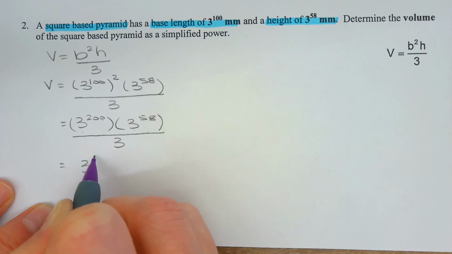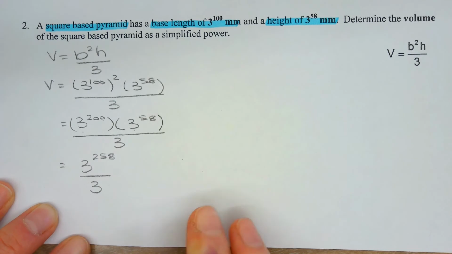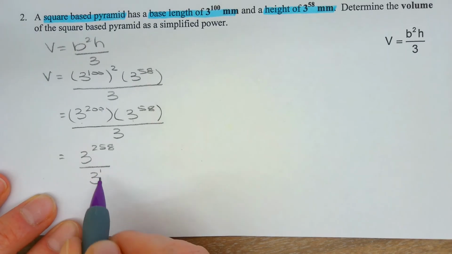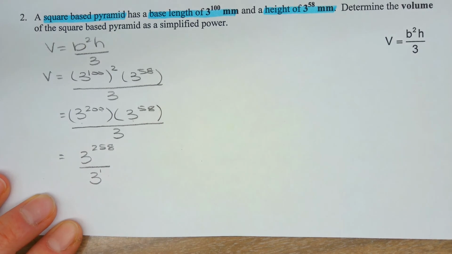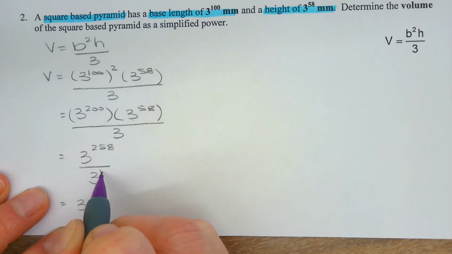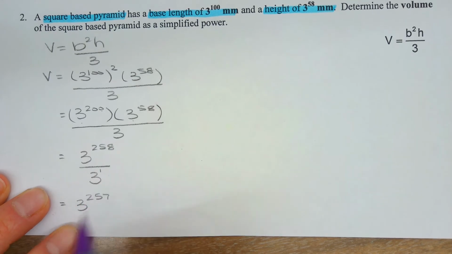So that gives me 3 to the power of 258 divided by 3. And this is really like 3 to the power of 1. You can put the exponent there or not as you choose. And when I divide powers of the same base, I'm going to subtract. So I'm going to subtract 258 by 1, so I get 257.